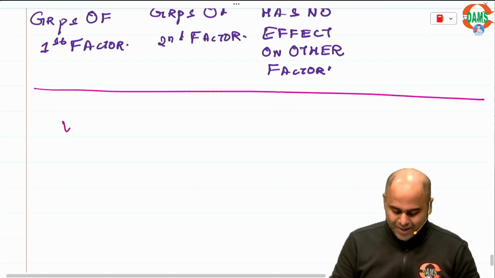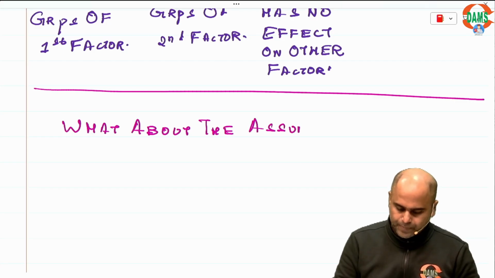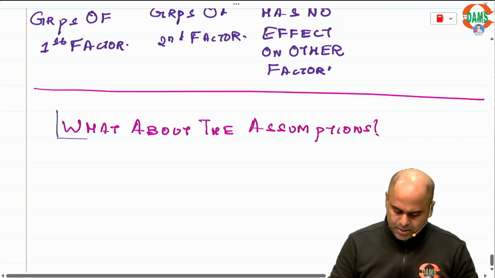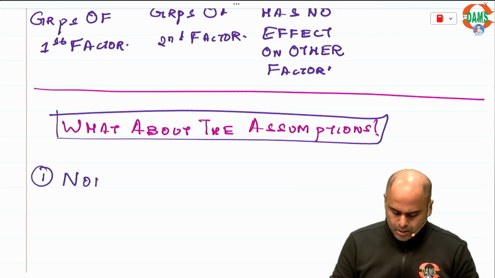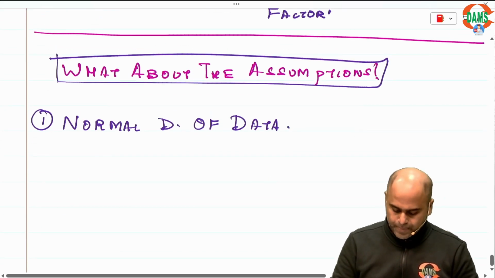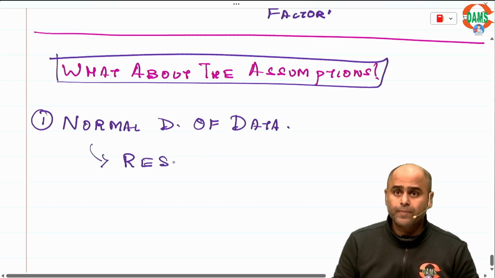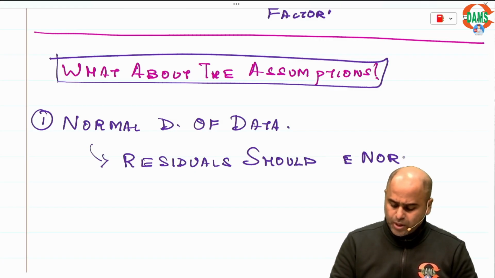Yes guys. Now, what about the assumptions of the two-way ANOVA? First and foremost, the distribution of data is normal. So it should have a normal distribution of data. Also, the residuals which come in the equations should be normally distributed as well.